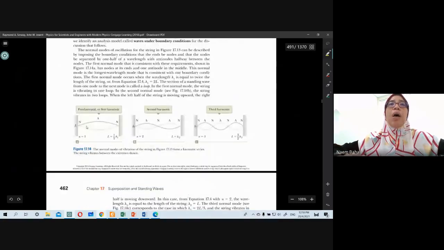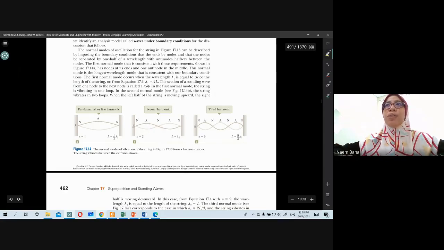Now our observation from this experiment will look something like this. This is what we call the first harmonic. The frequency used to create this resonance is called the first harmonic or fundamental. This is the second, easy to remember because of two loops.